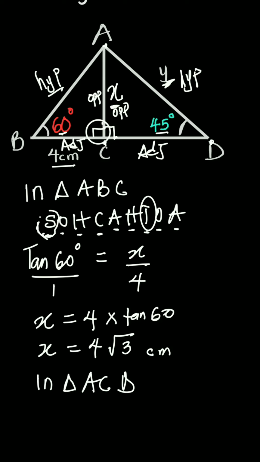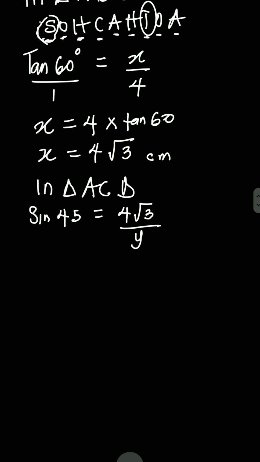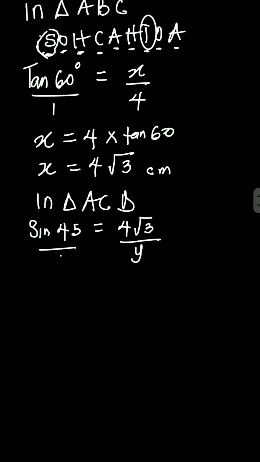Look at your sine. This means the sine of an angle is equal to the opposite over hypotenuse. So we say that sine 45 degrees will be equal to the opposite. The opposite is x, and we found x as 4 root 3, over hypotenuse. Hypotenuse is y. So let's find the value of y. We cross multiply this.